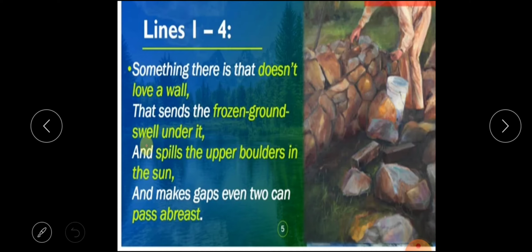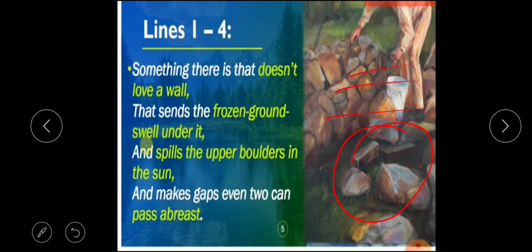So it is the activity done by nature that the ground under the wall actually creates the gap here, and the ground bursts in the way that the boulders come splitting out from within to the outside, like this. You can see here the wall he is mending and the boulders, they have fallen down, right?